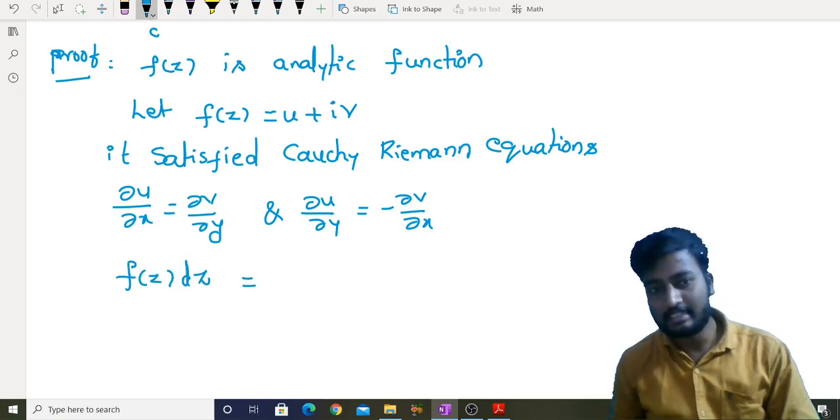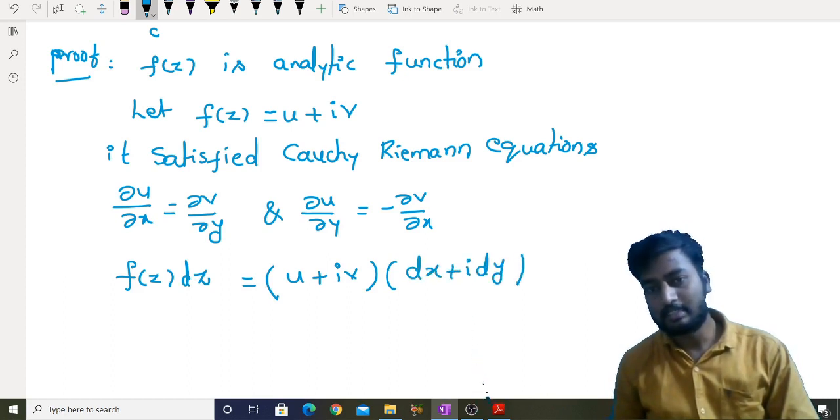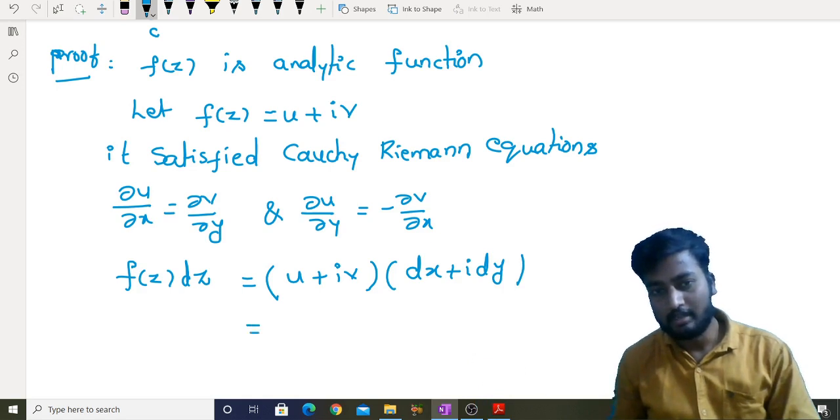f of z dz is nothing but u plus iv into dz, where dz is dx plus i dy. Multiplying, we get u dx plus i u dy plus i v dx plus i square v dy.